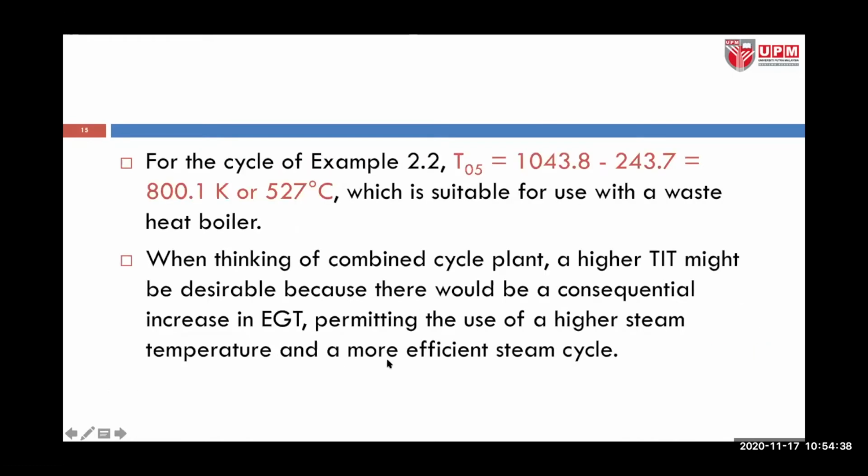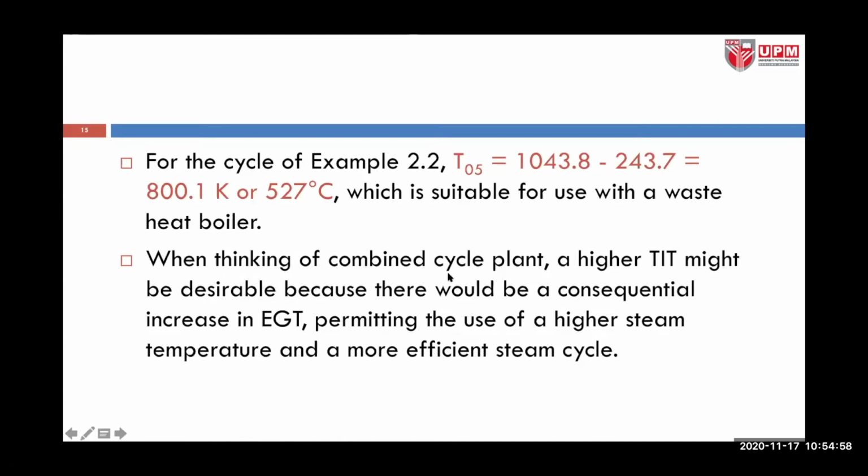For the cycle of example 2.2, as we have gone through just now, the TO5 value is 800.1 Kelvin, equivalent to 527 degrees Celsius, which is suitable for use with a waste heat boiler, right?